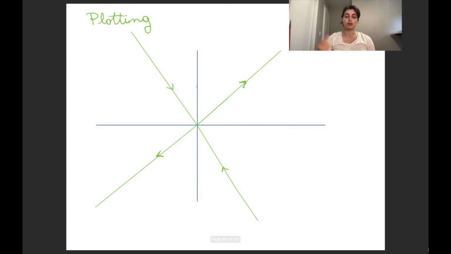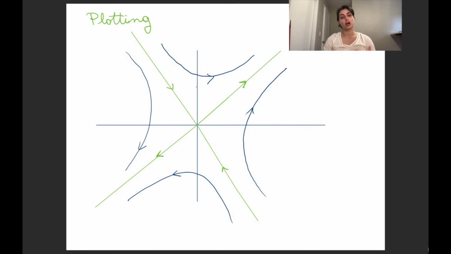Then we remember the eigenvalues associated with these eigenvectors. So v1 had a positive eigenvalue, so v1 is moving away from the equilibrium in the center, while v2 had a negative eigenvalue, so v2 is moving towards the center. So the other values move partially like v2 towards the center, and then they start moving away from the center following v1.